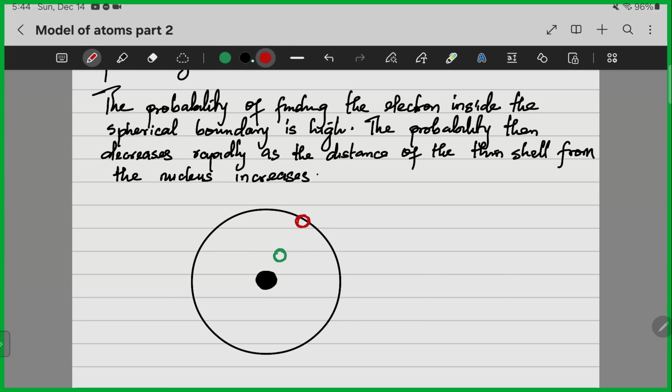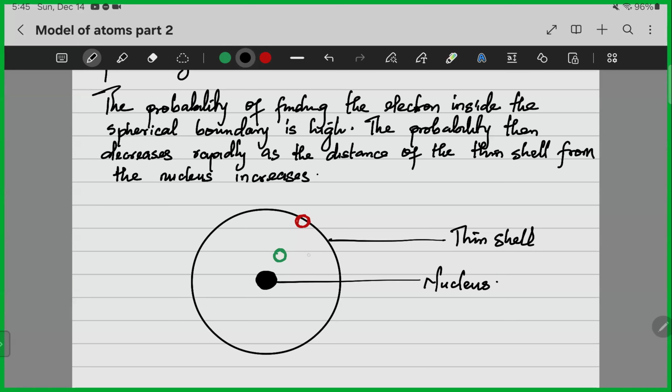In this kind of setup, we'll call this the thin shell, and call this the nucleus.